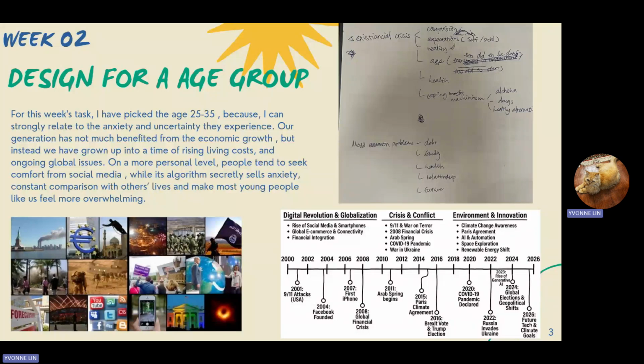However, these platforms often use algorithms designed to trigger comparison and insecurity as they keep users engaged for longer. This became the starting point for my project and led me to think about how design could make these hidden mechanisms more visible and provide users with greater control over their online experience.